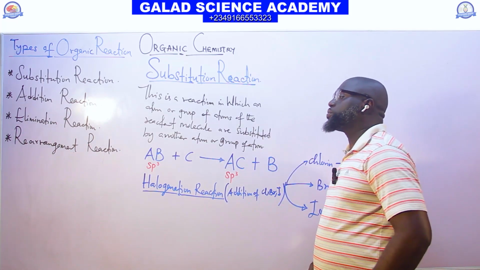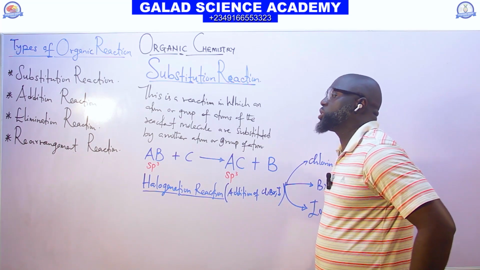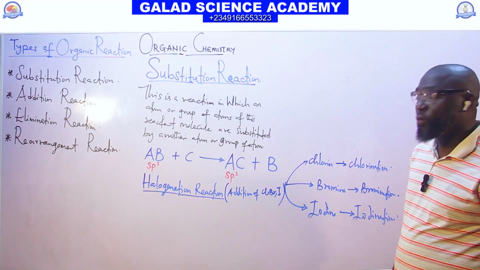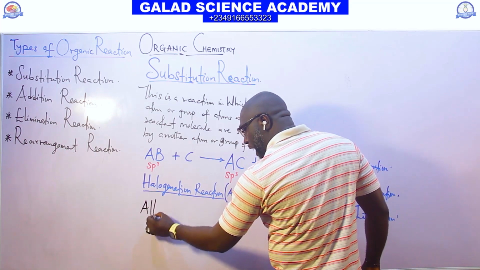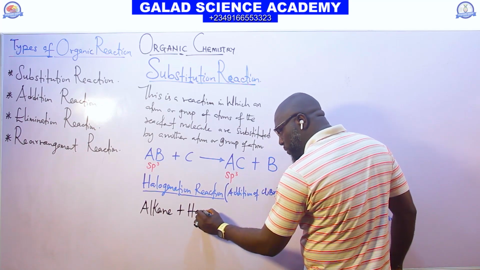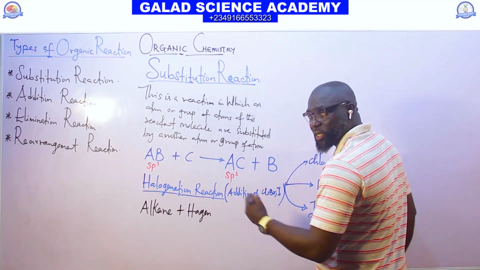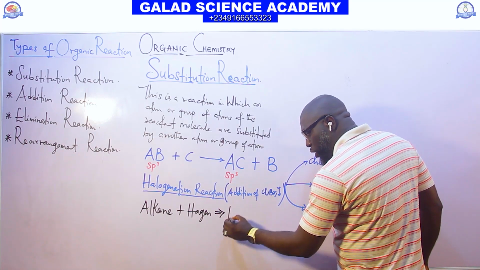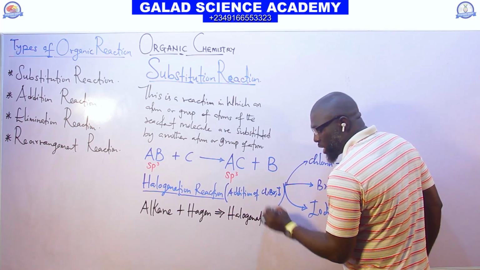Let me give you an example of halogenation reaction. Let us look at the halogenation of alkane, the substitution reaction of alkane. If you halogenate an alkane, alkane plus halogen, we call it halogenation reaction.